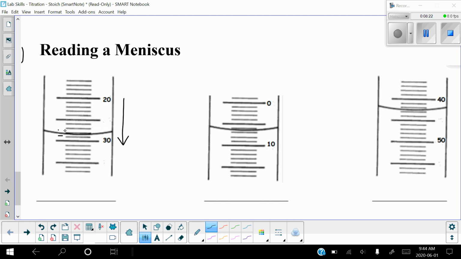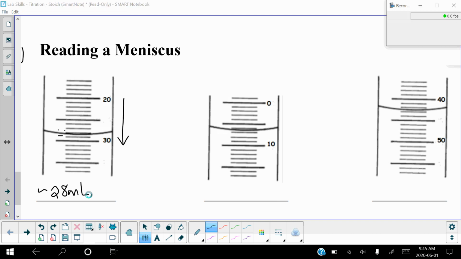Oh, sorry, not 29.1. Yeah, I would say it's approximately 28 milliliters, because it's just below that line.